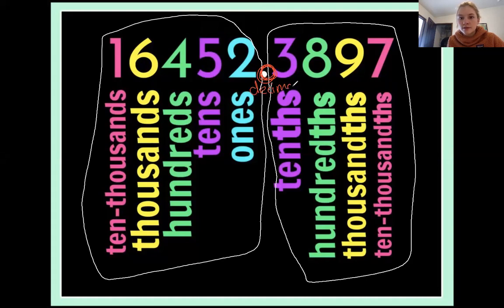Decimal point. All right. So we use this decimal point for a variety of different things in your everyday world. For instance, if you go to the grocery store, everything has a price. Or if you go to the gas station, you will see the price per gallon on a sign.